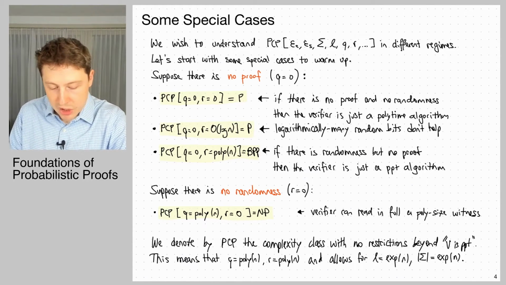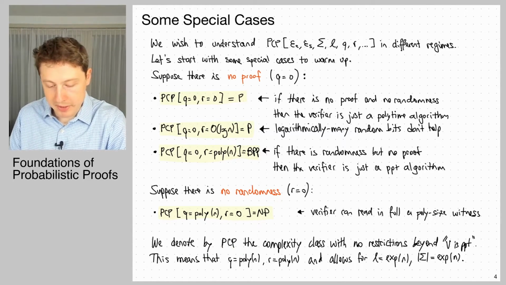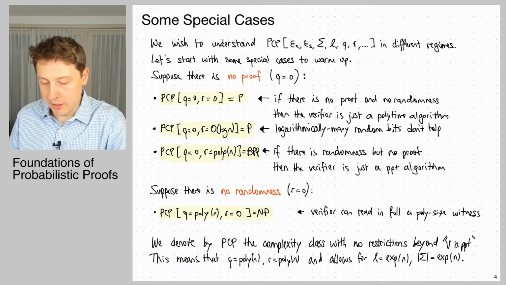And I'll just generally denote by PCP with no brackets the complexity class where I basically put no restrictions beyond the fact that the verifier runs in polynomial time.